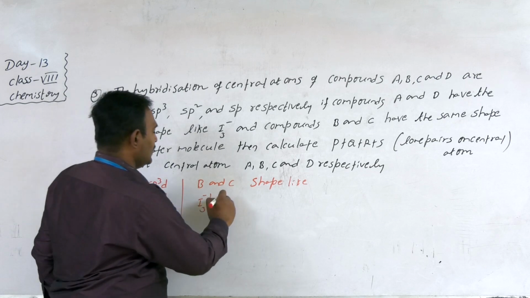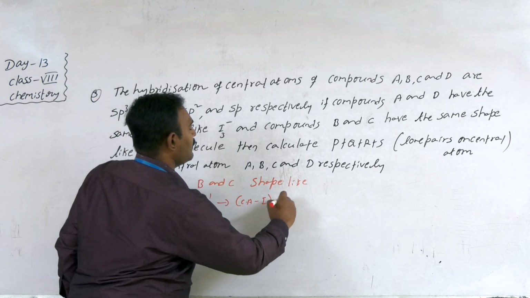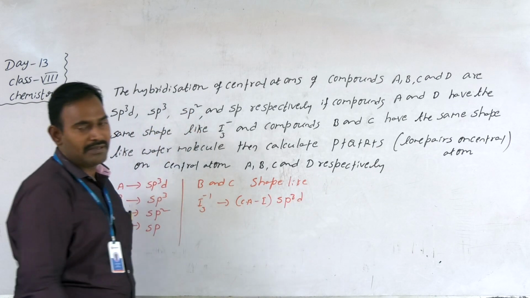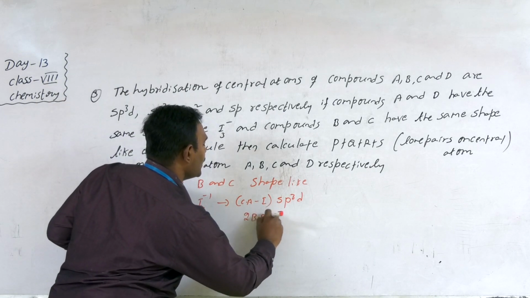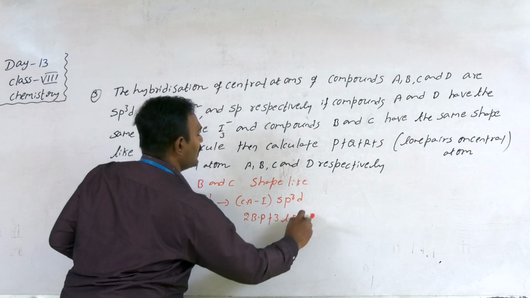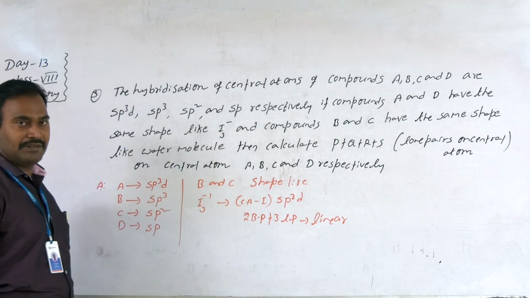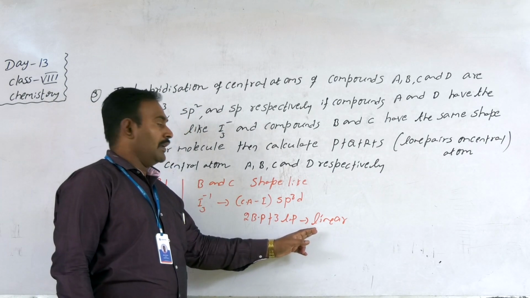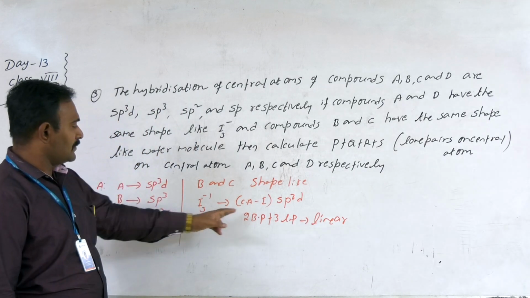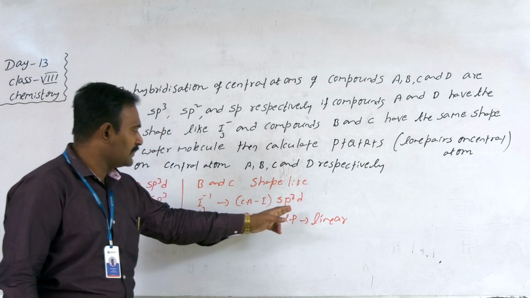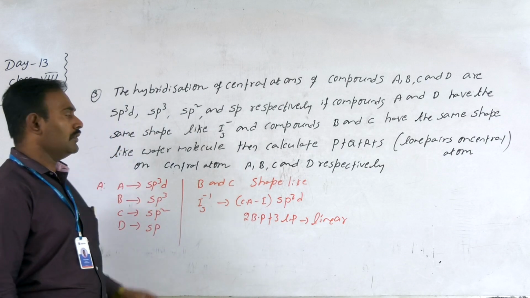Here the central atom is iodine, hybridization is sp3d. So it contains 2 bond pairs and 3 lone pairs, and the shape will be linear according to valence shell electron pair repulsion theory. The shape of the I3 minus molecule is linear.